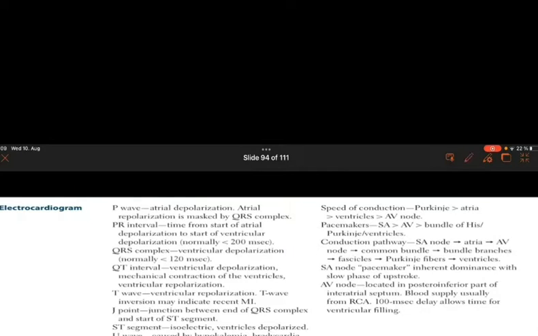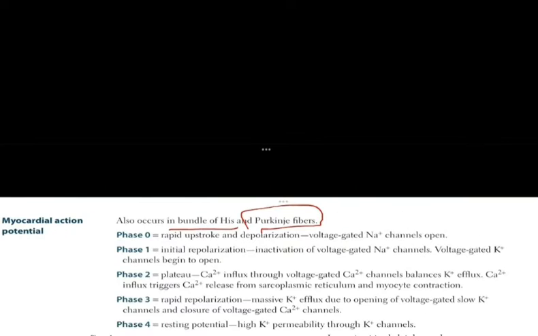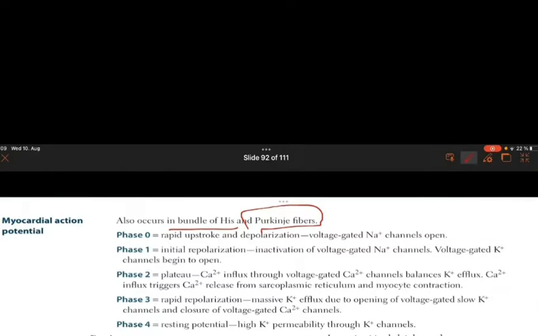Now let's talk about how the action potential happens in the myocardium and the bundle of His and Purkinje fibers. In the first phase, or phase 0, the first thing that happens in the myocardial action potential is a rapid upstroke and depolarization, and this happens because of the voltage-gated sodium channels.